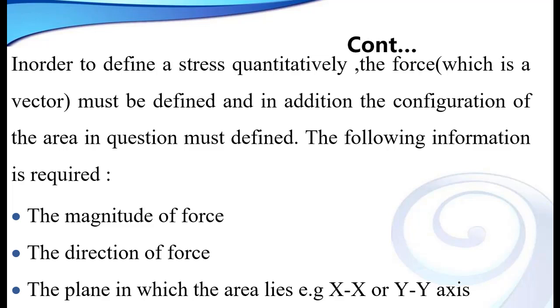So we can notice that the force is a vector quantity, and since it is a vector quantity, the magnitude of force, the direction of force, and the plane in which the area lies, either x-axis or y-axis, must be defined.